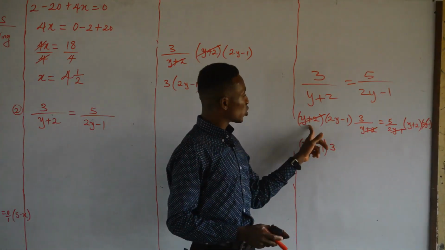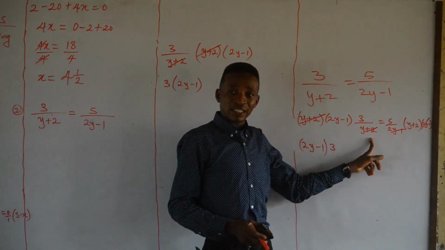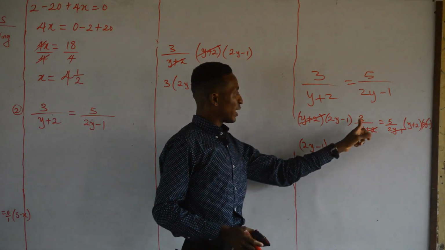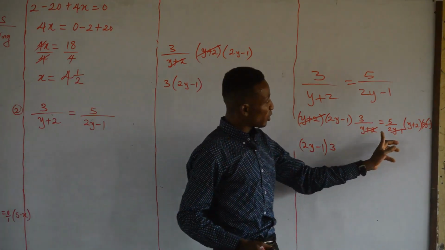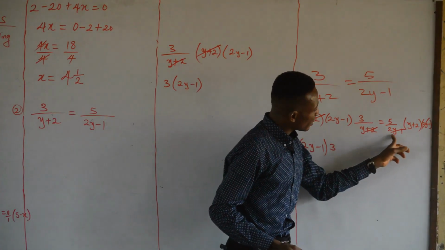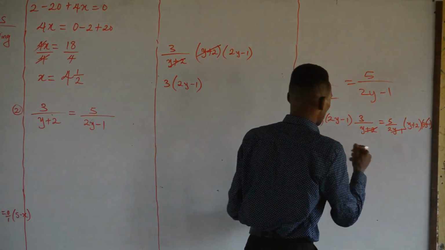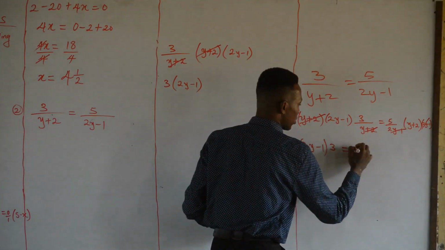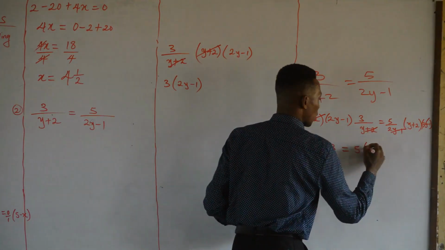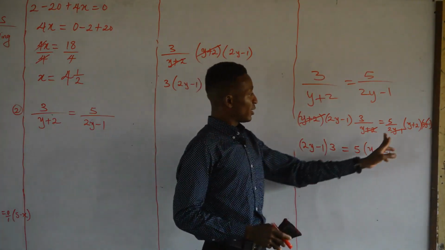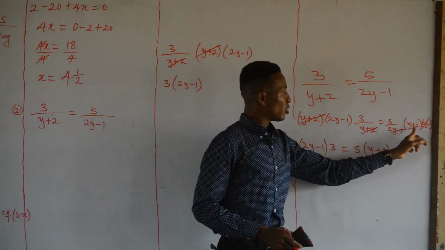Just like the way y plus 2 is here and y plus 2 is here, that I cancelled out. After cancelling it, I was left with 2y minus 1 and I wrote the 3 outside. Now coming to this right hand side, after cancelling the 2y minus 1, 2y minus 1, I was left with 5 here. You write your 5 into brackets y plus 2.